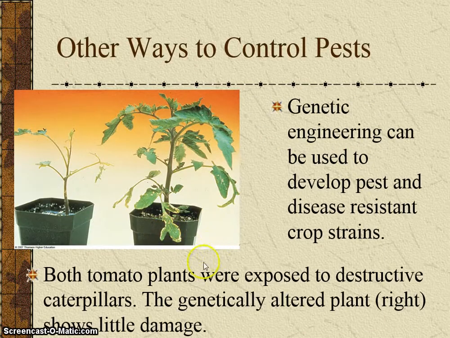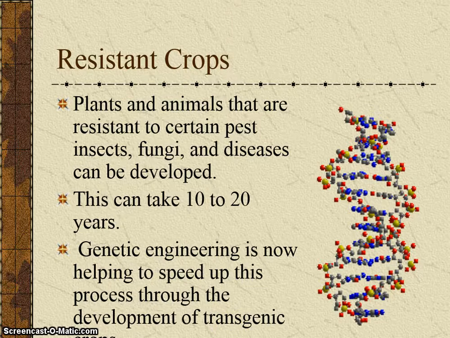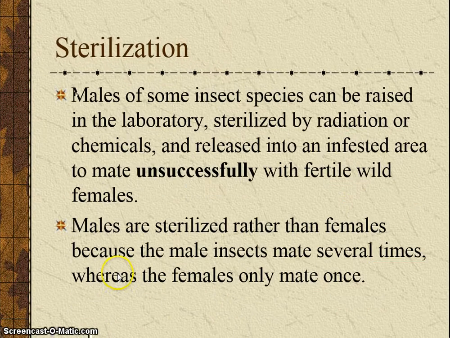Genetic methods refers to genetically engineering a plant to be a lot more resistant to bugs. So here's the contrast between a genetically engineered one and a plant that's not made to resist bugs. They can be made to resist fungus, insects, diseases. If you breed them to resist those things, it can take decades, but if you genetically engineer them, you get the results much, much sooner.